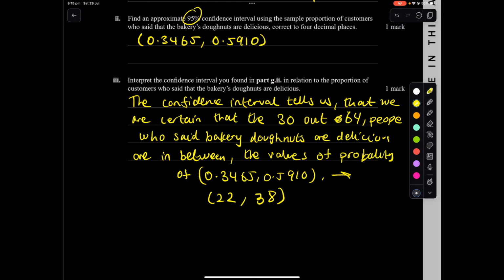So what we're saying is we are certain that between 22 individuals and 38 individuals, we're certain by 95% that those customers think the donuts are delicious.